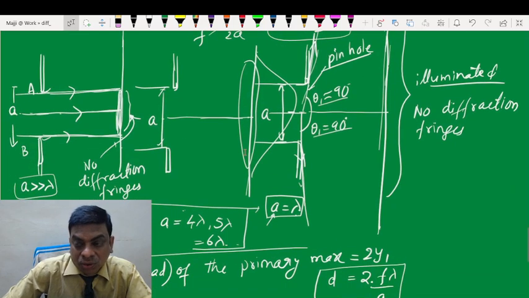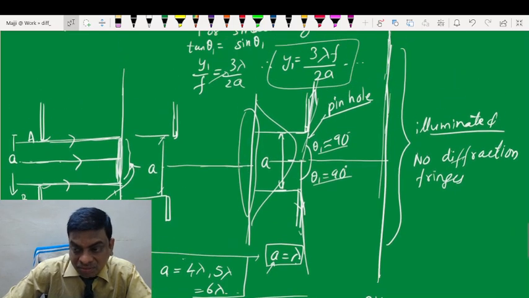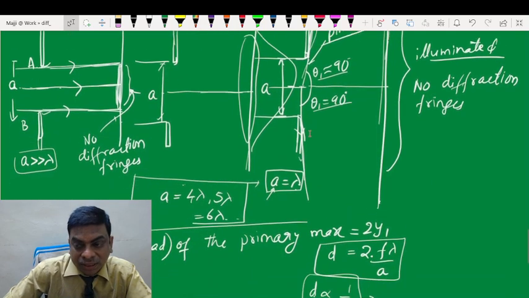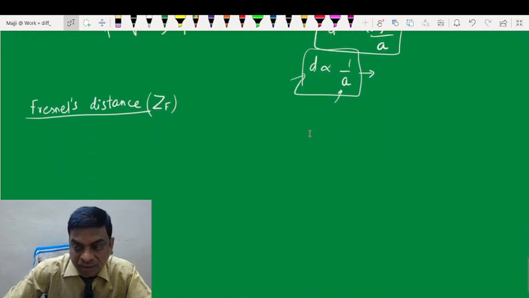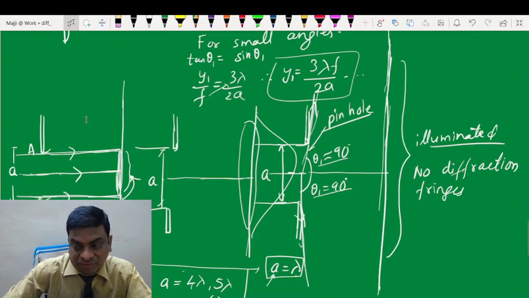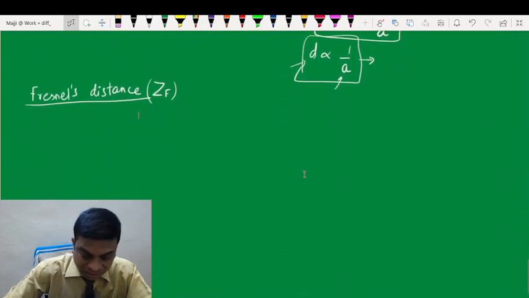So there must be some demarcation between ray optics and wave optics. Fresnel's distance deals with the separation between the region of ray optics and the region of wave optics. So let us try to understand.